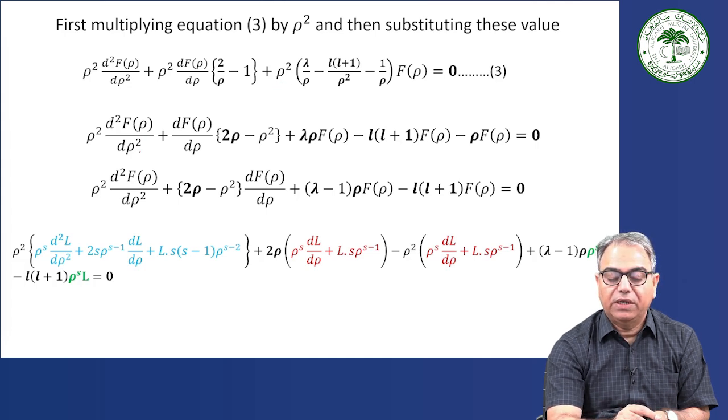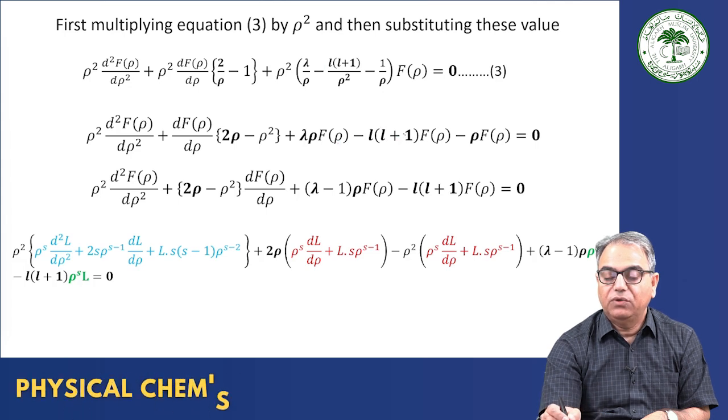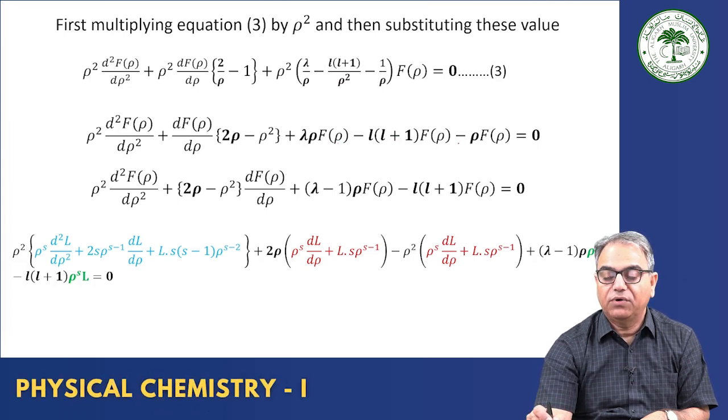Rho square d square f rho divided by d rho square. Then you have df rho divided by d rho, and rho square multiplication will give you 2 rho minus rho square, because this rho square multiplication will give you this one. If you multiply with this one, you will have lambda rho into f rho minus L into L plus 1, this rho square will go with f rho, and then minus rho f rho. Okay.